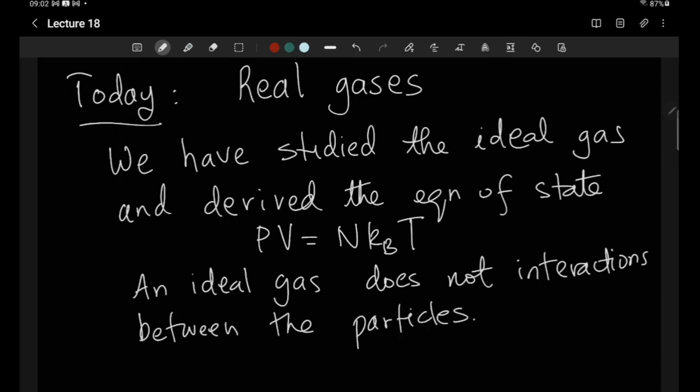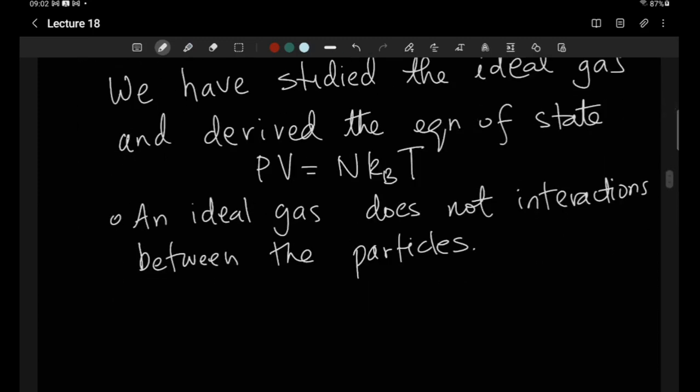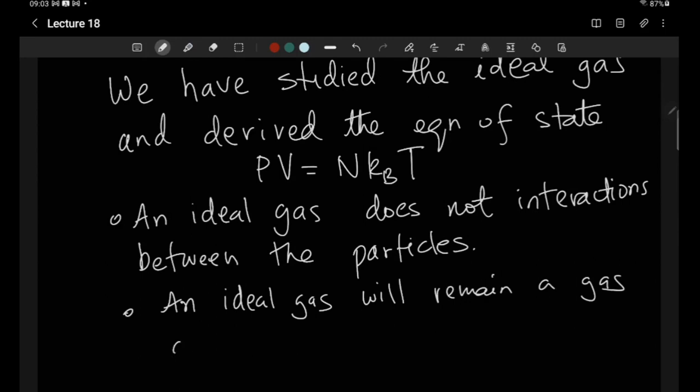We know that that's the idealization, and so that's the issue. But there's another sense in which it's not real. An ideal gas will remain a gas at all temperatures.